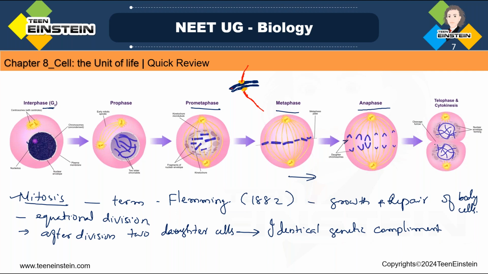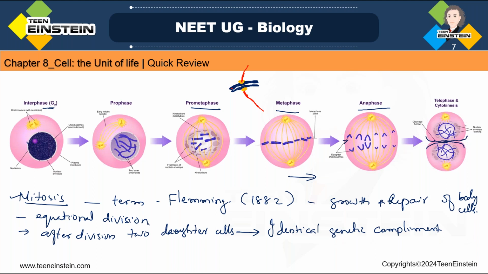What will happen here? The cleavage furrow is forming, and the nuclear envelope is forming that covers the nucleus, and inside the nucleus the chromosomes or the genetic material will be present, and then the cytoplasmic separation is taking place. For that, the cleavage furrow is forming. See, you can see here the furrow is forming from both the sides, and it will come inside again, it will join here, and it forms two separate cells.